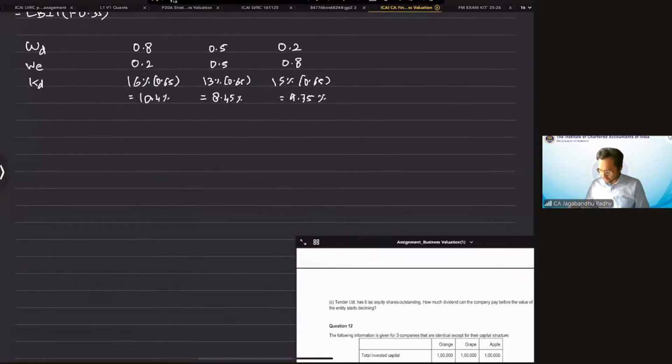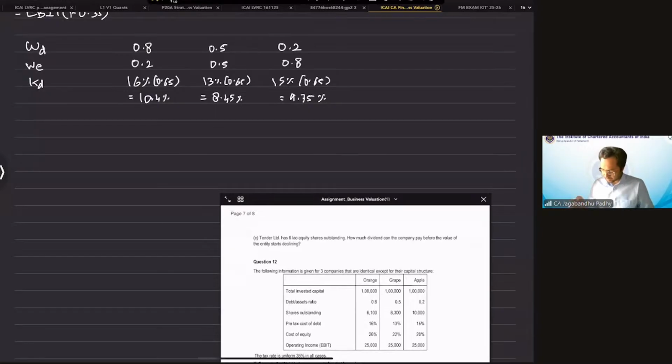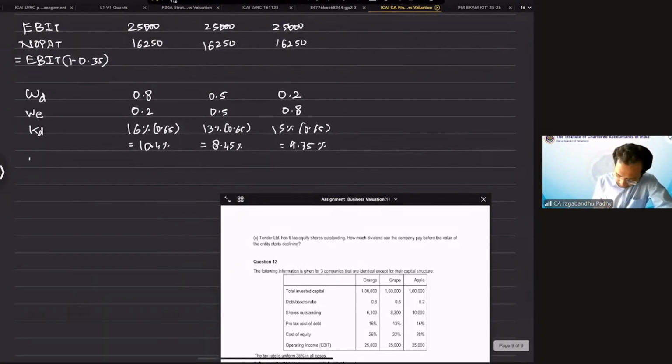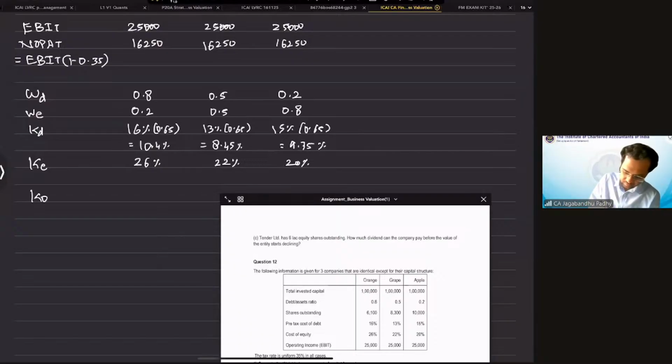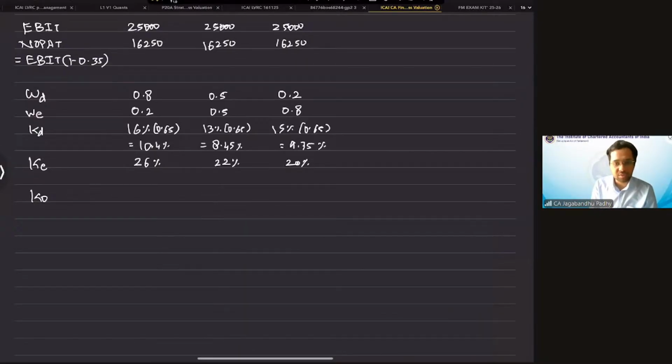Now coming to cost of equity, that's already given to us directly, which is 26%, 22%, and 20%. So now we can get the weighted average cost of capital, which is KO.